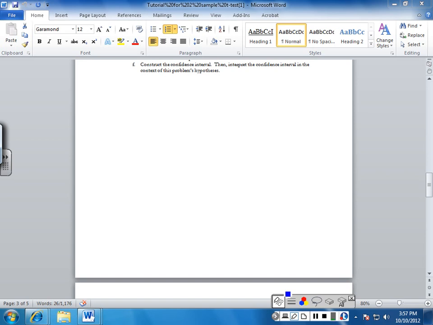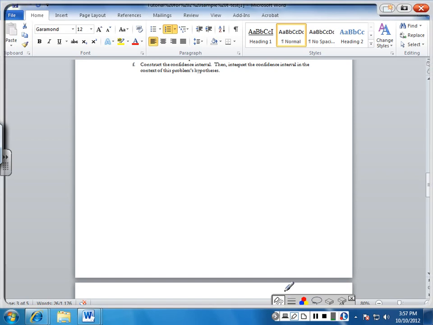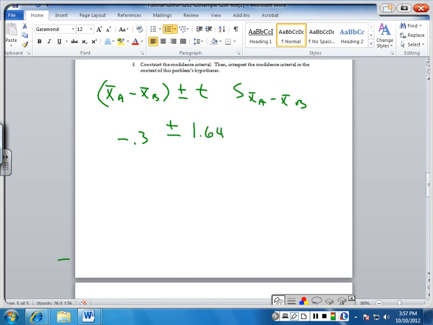So for the confidence interval, we'll take the statistic plus or minus a confidence coefficient times the standard error. The statistic was minus 0.3 plus or minus 1.645.